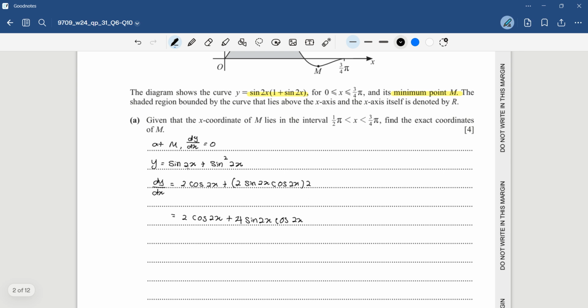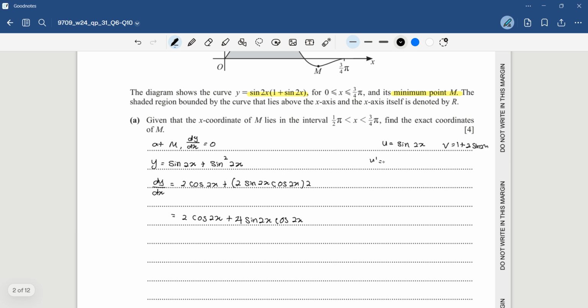So here I expand and then differentiate. You can also choose to differentiate using the product rule, where u equals sine 2x and v equals 1 plus sine 2x. Sorry, I wrote it wrongly earlier; it should be only 1 plus sine 2x.